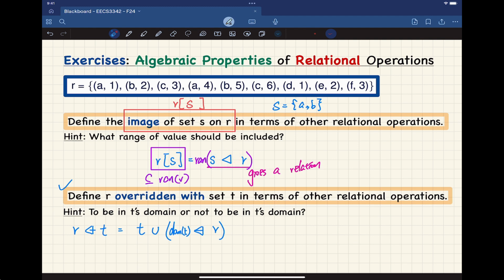But if I only put this one alone, the types are not really compatible. So that's why I need to apply further just on the range. So now the range of something is going to be a subset of this range, right? So that's how we check the compatibility of the types. I think going through some algebraic properties really helps us understand a little bit more about how things should work together. It is very important.